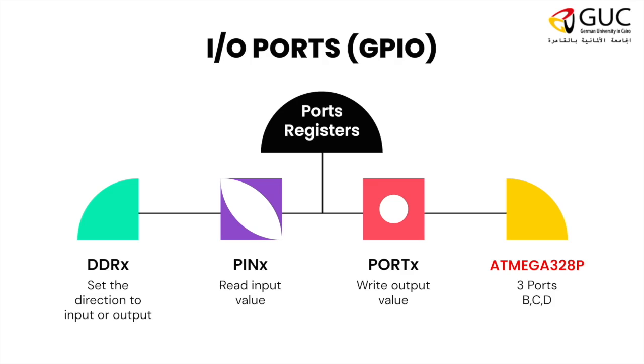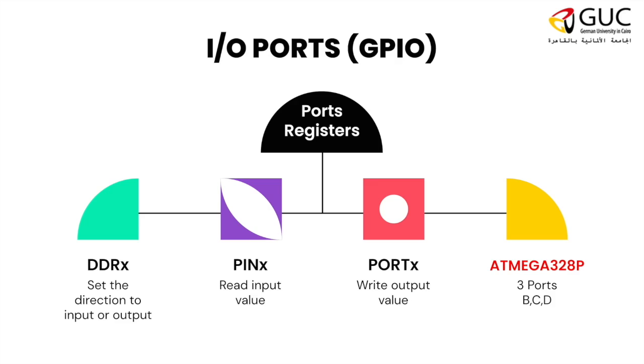So actually, each pin on the microcontroller corresponds to a certain bit in the direction register. If this bit is set to 0, its corresponding pin is an input pin. If this bit is set to 1, its corresponding pin is set to an output. So 0 means input, 1 means output.